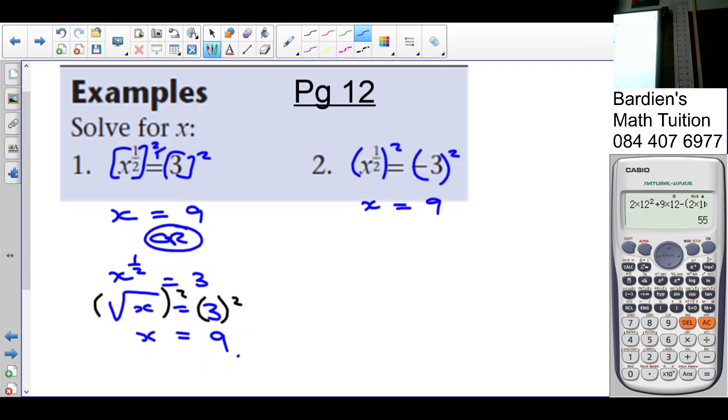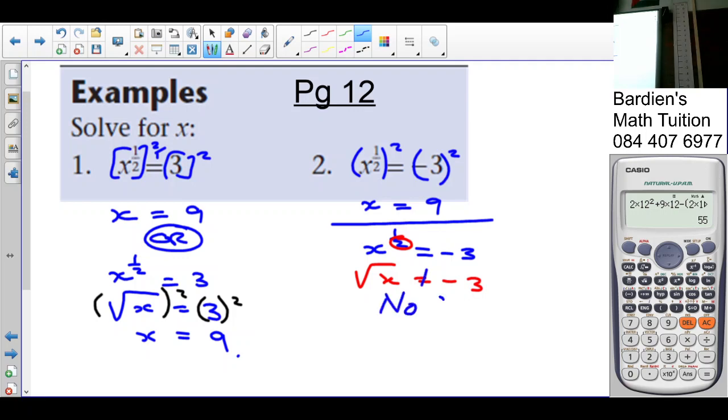But if I got x to the half is equal to negative 3, this can be written as the square root of x is equal to negative 3. The square root of what number is going to give us negative 3? Nothing. So for the sum, no solution.